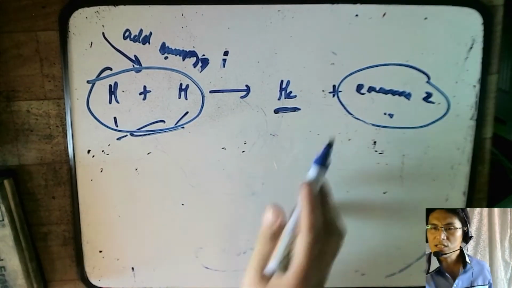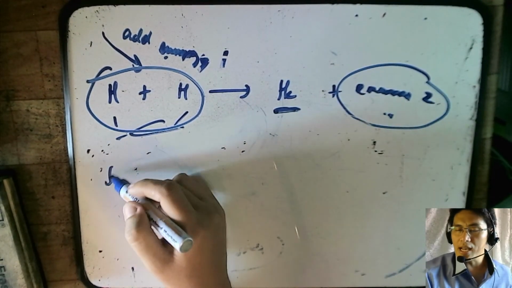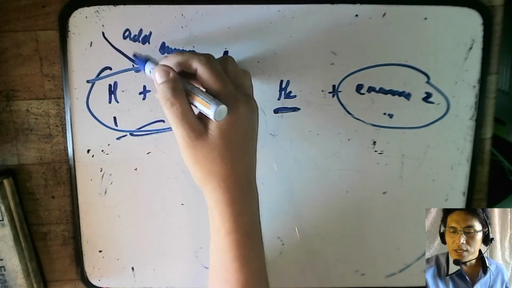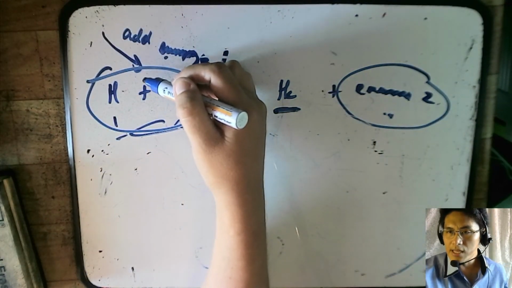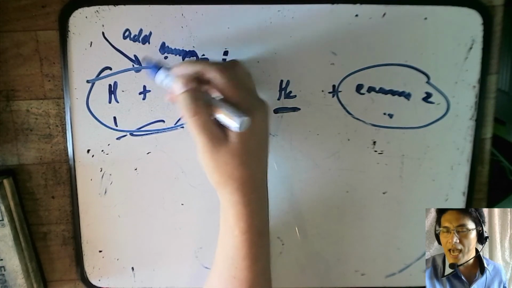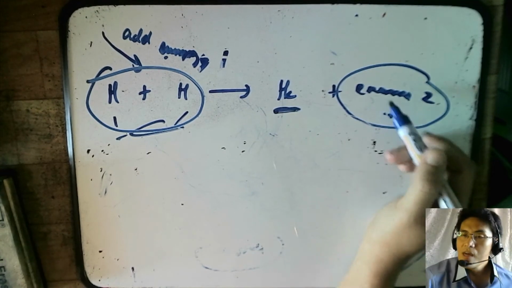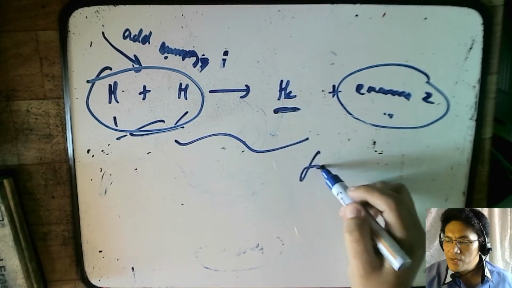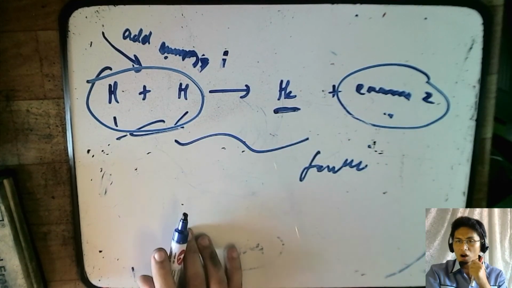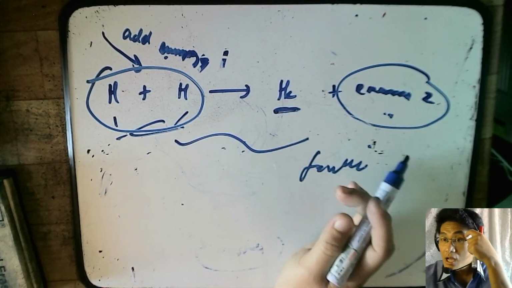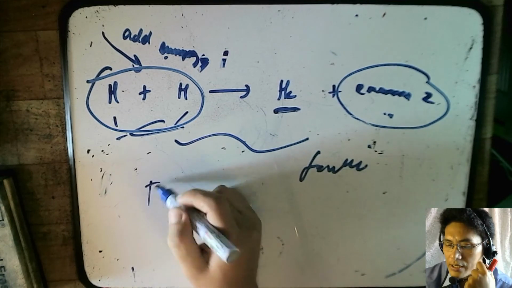But it just so happens that for small elements, smaller than iron, the amount of energy you need to initiate it is less compared to the amount of energy you get out of it. That's why this process is feasible. That's why stars can keep on fusing until you get to iron.